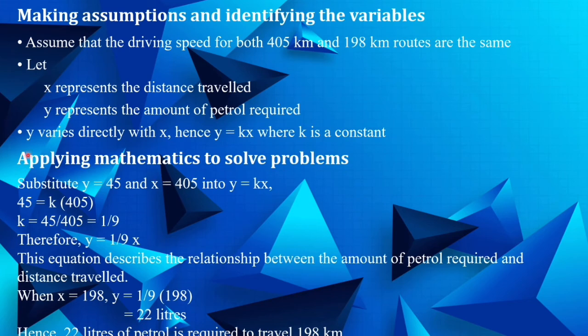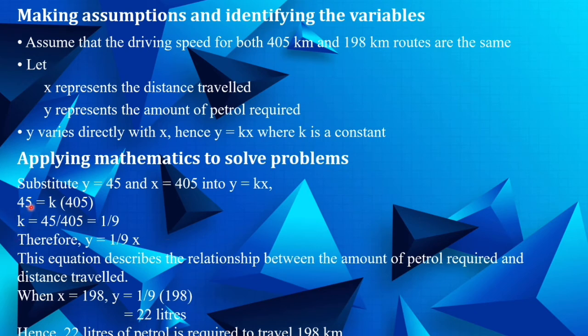And the third part, we need to apply mathematics to solve problems. In this part, we need to do calculation and substitute the values. First substitute y equals 45, which is the amount of petrol required, and x equals 405 km into y equals kx.